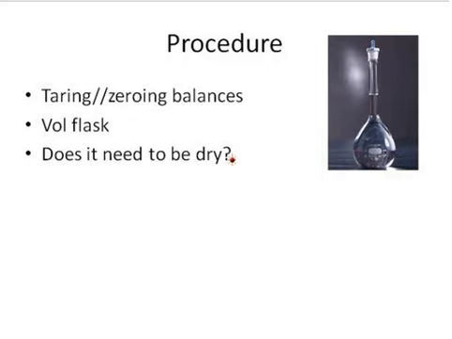If you're using the same flask over and over again, you can assume that the dry weight stays the same, and that means you don't have to get the flask absolutely empty of water and solution in between the experiments. And believe it or not, that might actually be faster than trying to get the flask completely dry, because people spend a lot of time with paper towels and air trying to get the flask dry, and it just doesn't seem like it's really all that necessary.